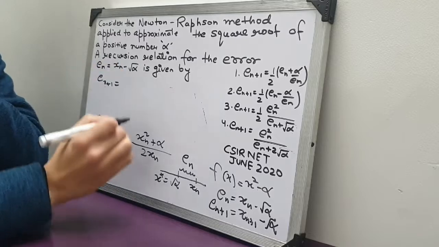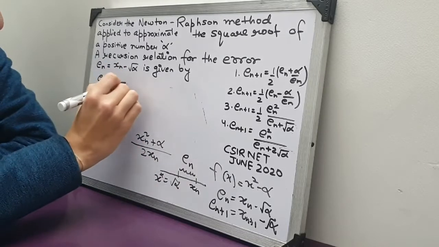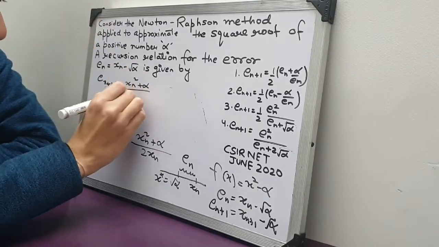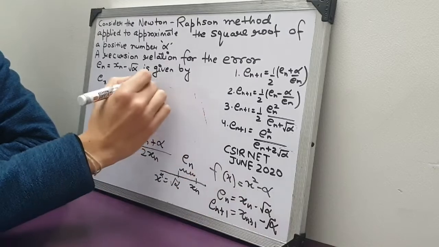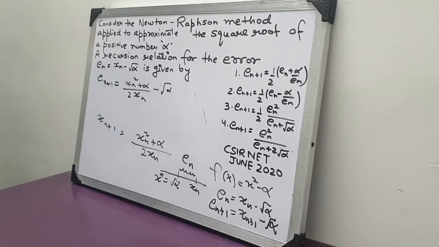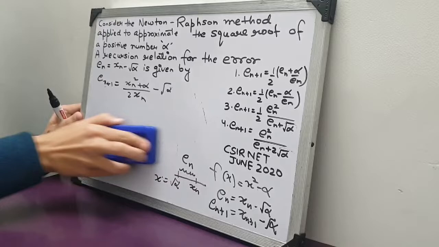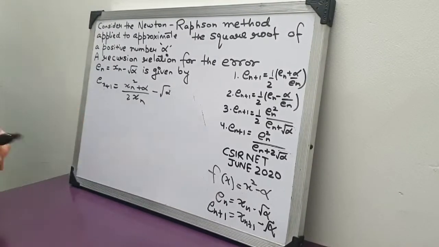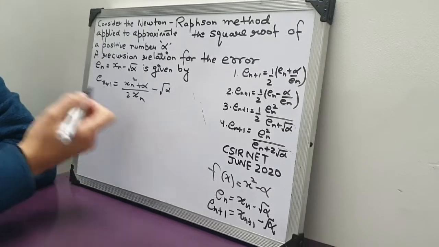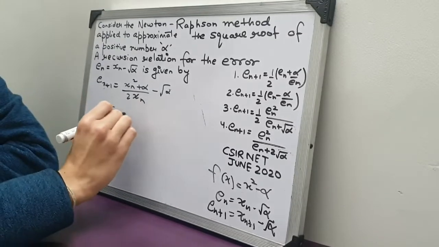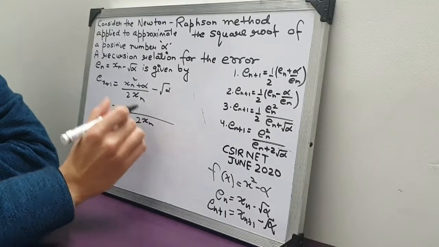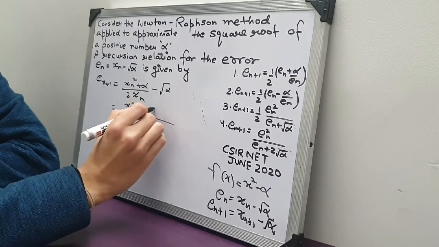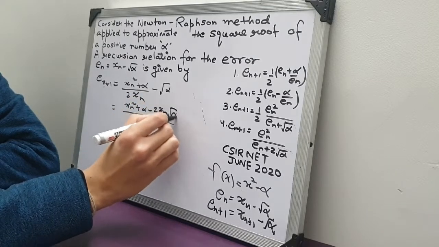Xn plus 1, it is this expression, xn square plus alpha over 2xn minus square root of alpha. Fine. Now I can rub this one also. It is not required. If I now take the LCM again, you observe this. This will be simply 2xn. This is xn square plus alpha minus twice xn square root of alpha.